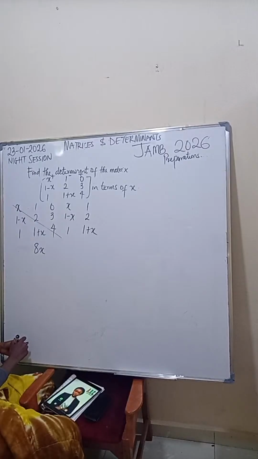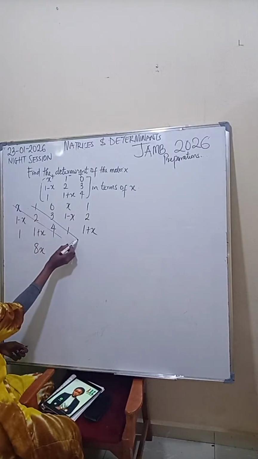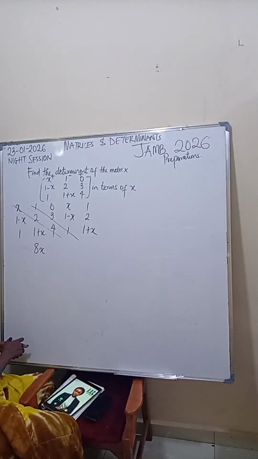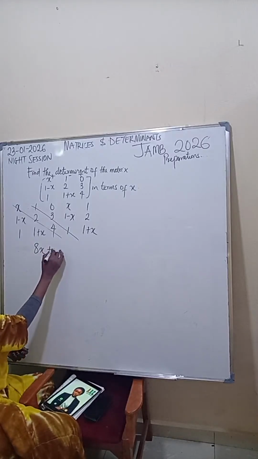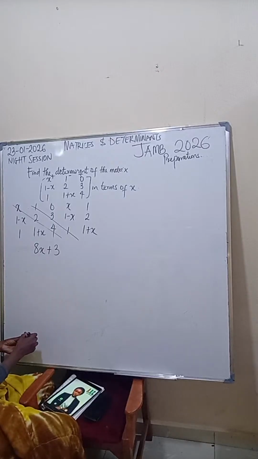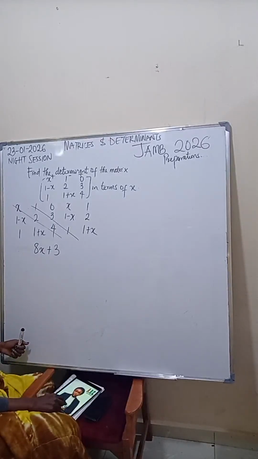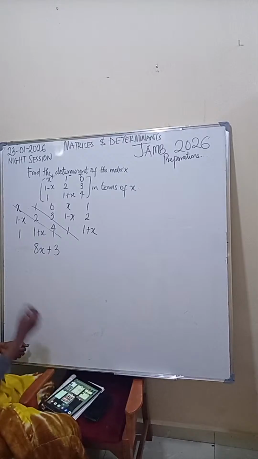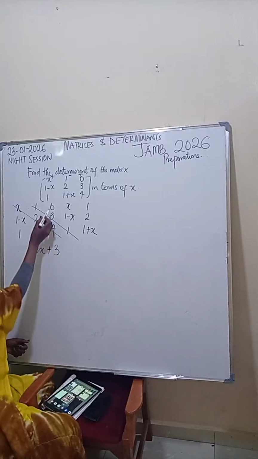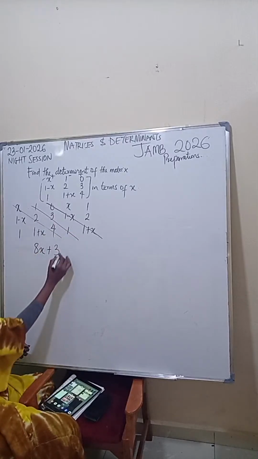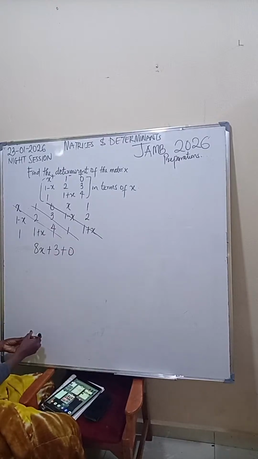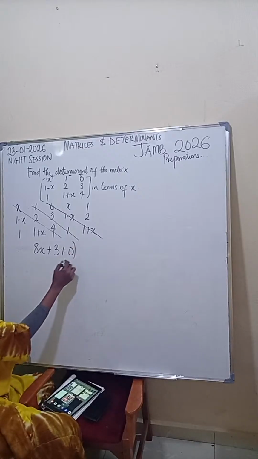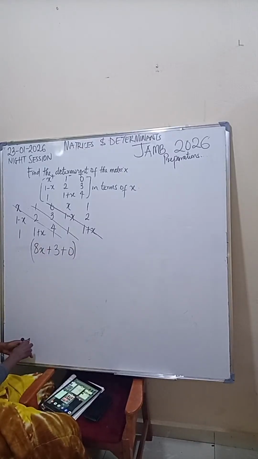Uh-huh. It will be 1, 3, 1, like this. Yes. Okay. Plus 3. Okay. Mm-hmm. 0. That will be 0. Uh-huh. Okay. I've done that.